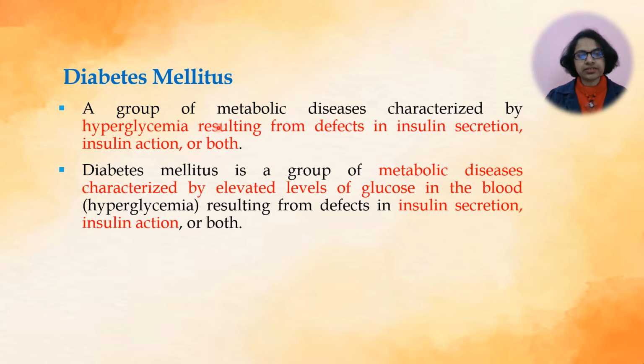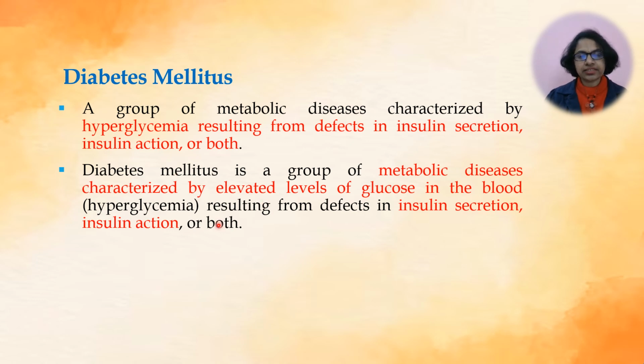Sometimes the pancreatic gland is unable to secrete a sufficient amount of insulin, and sometimes the gland is producing insulin, but our body is not responding to receive that insulin, and sometimes the defect may be occurring because of both factors.